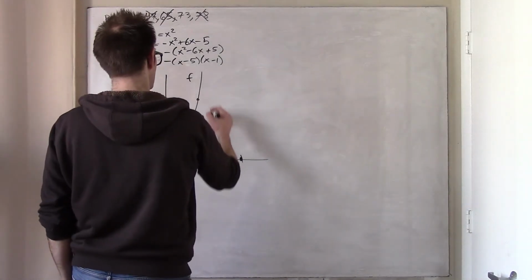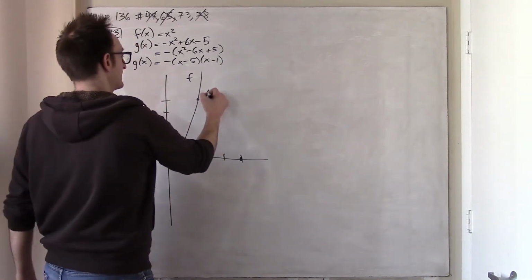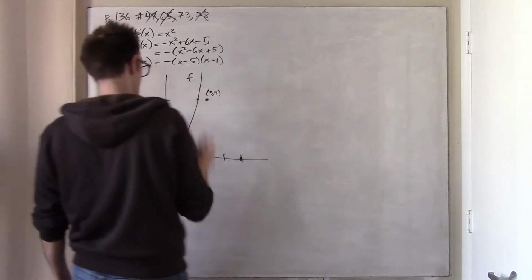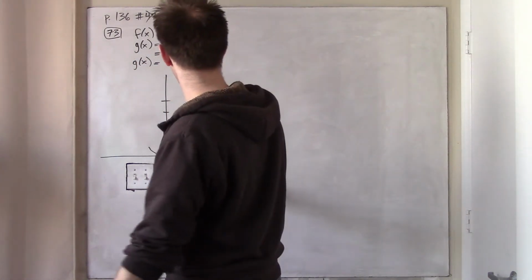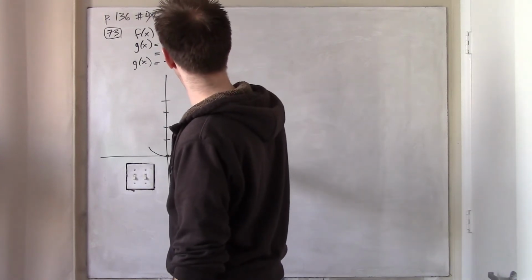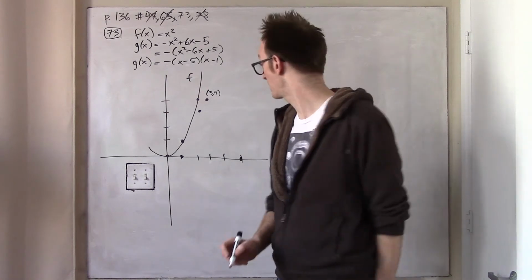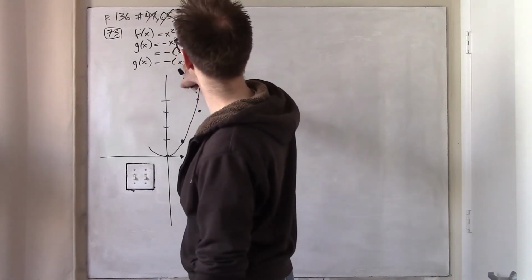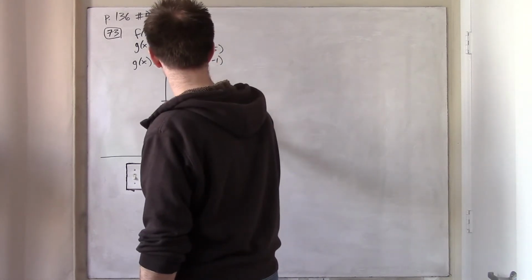I could have completed the square, but instead I get the vertex of the parabola at (3, 4). I'm also going to have a point at (2, 3). These two are pretty close to each other, because if I plug in 2, that's just how parabolas work.